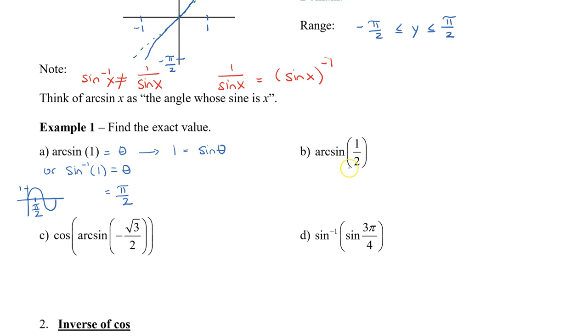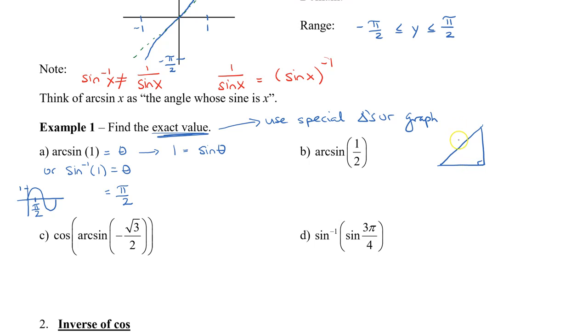Arcsine of a half. So what angle will give me an inverse of a half? So this one here, now remember that whenever we talk about exact values, we need to use the special triangles, or we can also use the graph. Now, because we're dealing with a half, this one we're going to use the special triangle.